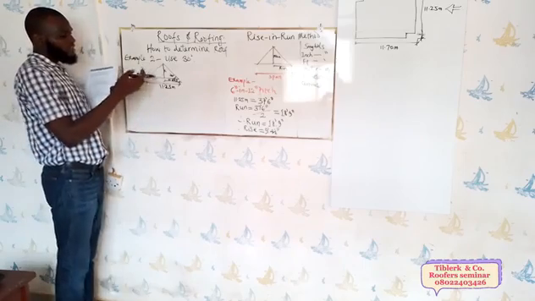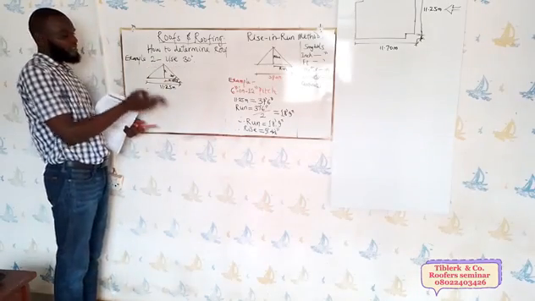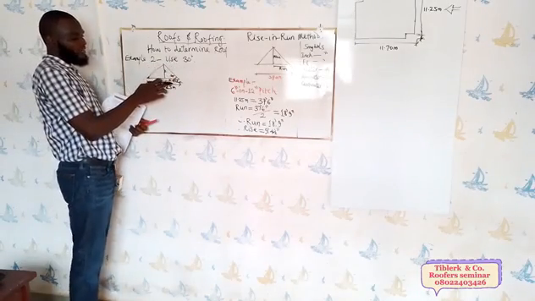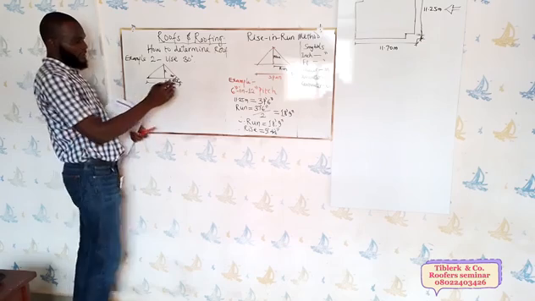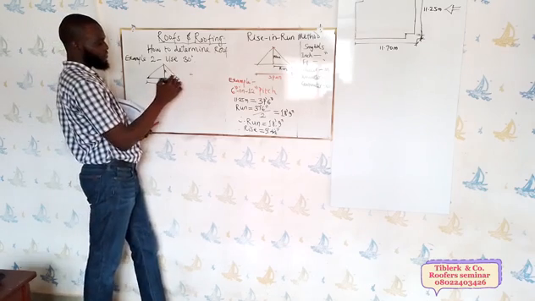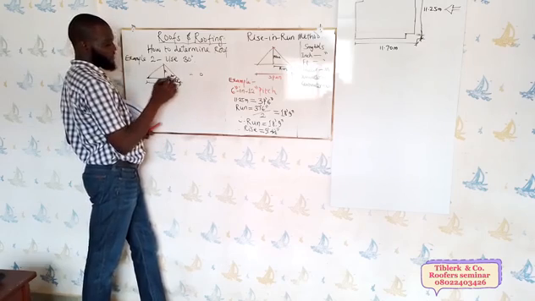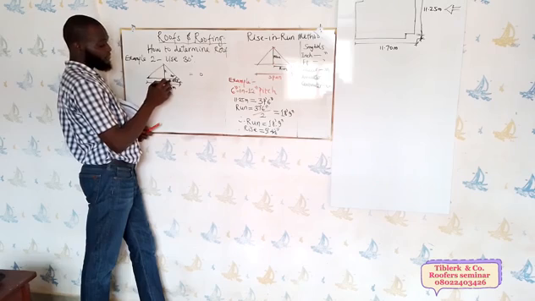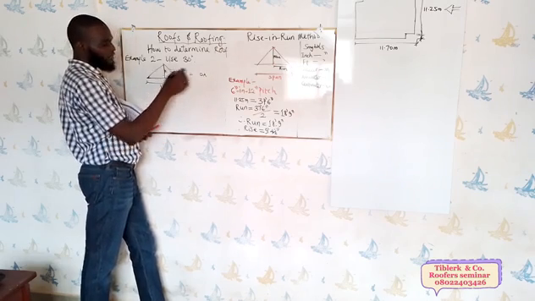So using the knowledge of our Pythagoras theorem, we don't know our hypotenuse. This is our hypotenuse. This is our adjacent. This is the opposite. Okay, we are looking for the opposite, big K, and we know the adjacent. So what are we using now?